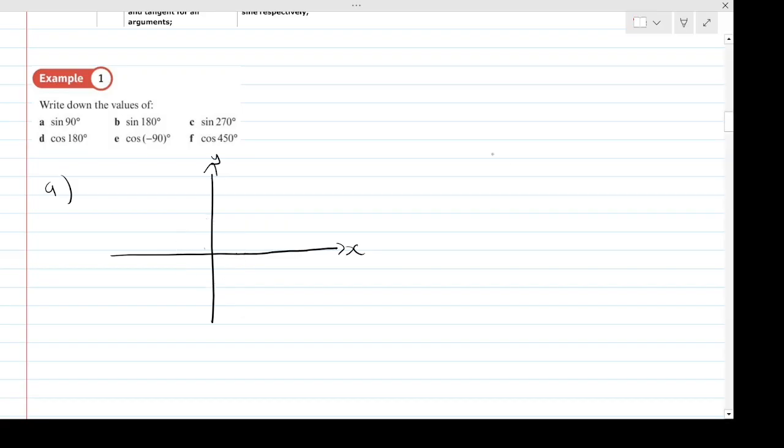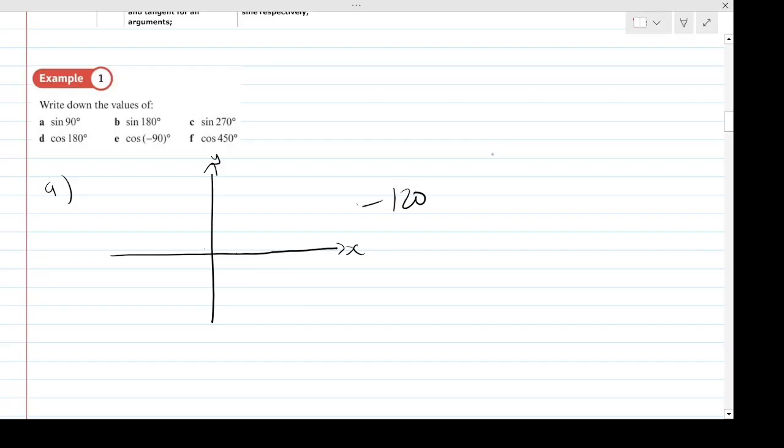But if we go the other way instead, clockwise, then that would be the negative direction. So say if we had minus 30 degrees, well, it'd be 30 degrees, but we're going to go that way, from the same axis there.